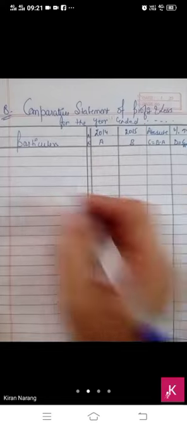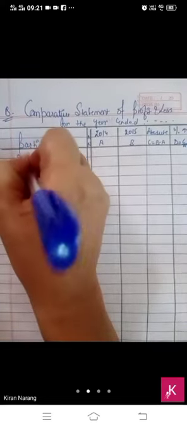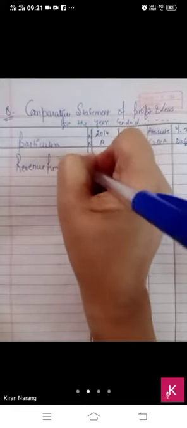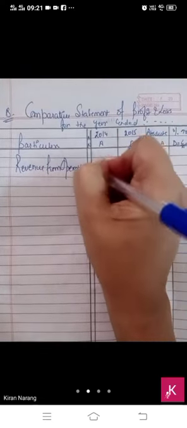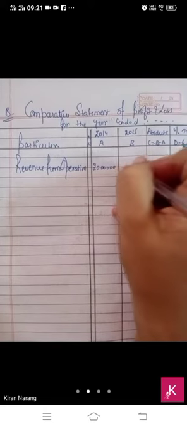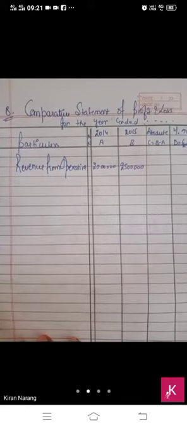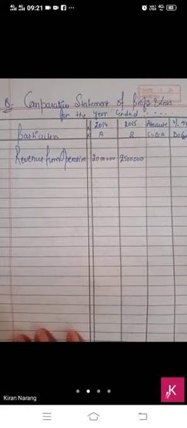So the first thing we should have will be your revenue from operations. It is given in the question: revenue from operations 20 lakhs and 25 lakhs. Other incomes are also given.